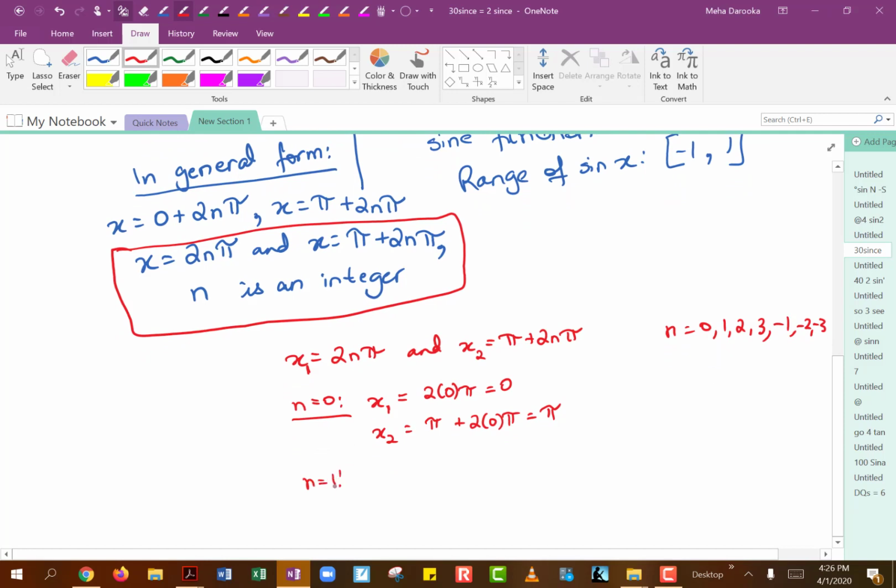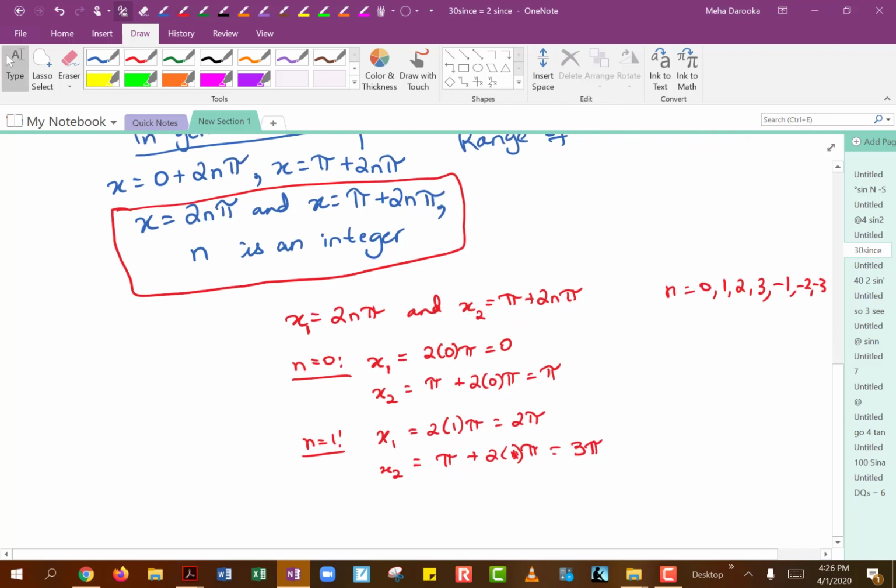If n was 1, for our variable x1, you would get 2 times 1 times pi, which would be 2 pi. For x2, you would get pi plus 2 times 1 times pi, which would become pi plus 2 pi, or that comes out to be 3 pi.